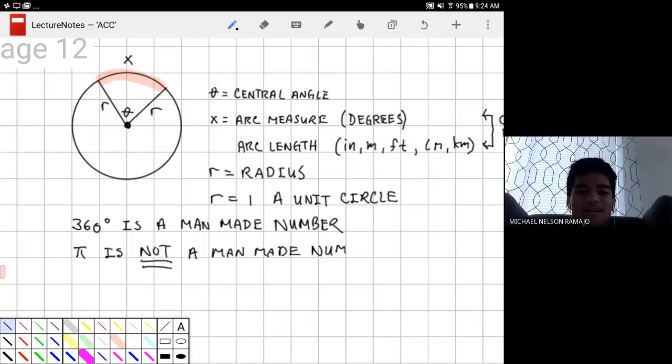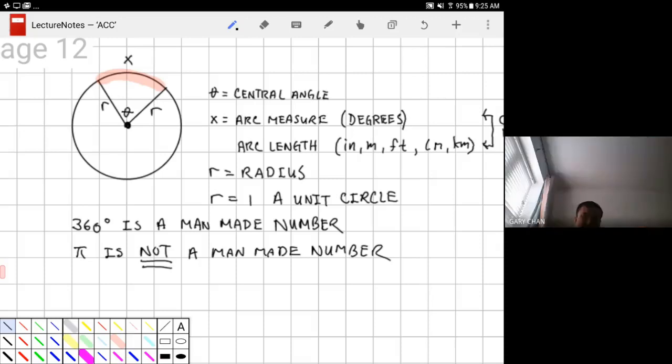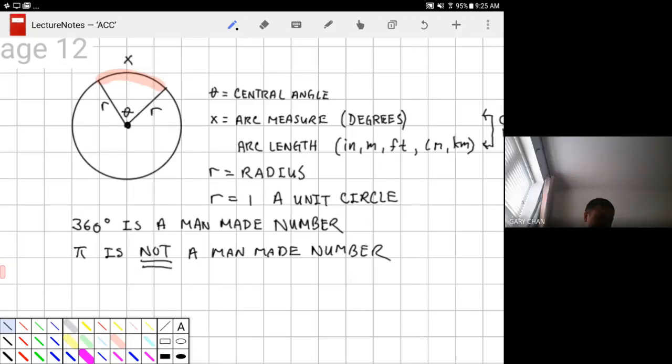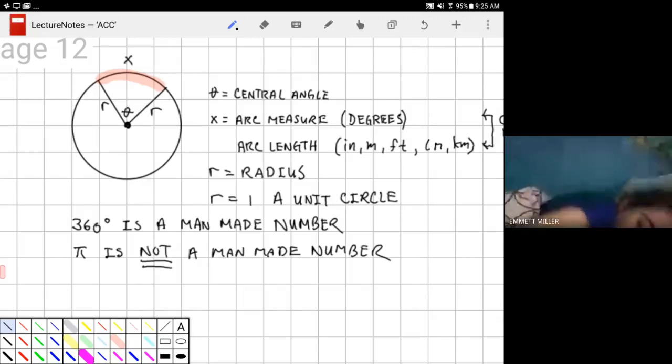How is that natural? Pi is an irrational number. No, pi is like, it's in nature. Irrational number, but yeah. Emmett, you want to elaborate? Pi is just a number that's found in nature. No matter what, you're going to find it if you are doing a circle, even if it might be represented differently by some other distant civilization.